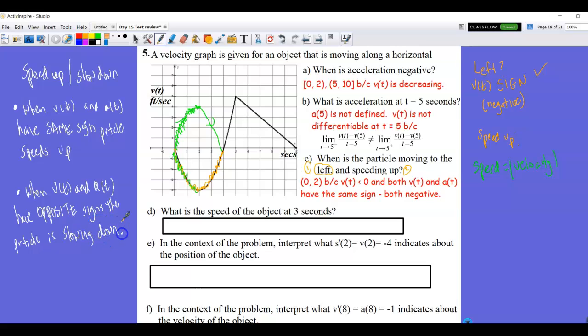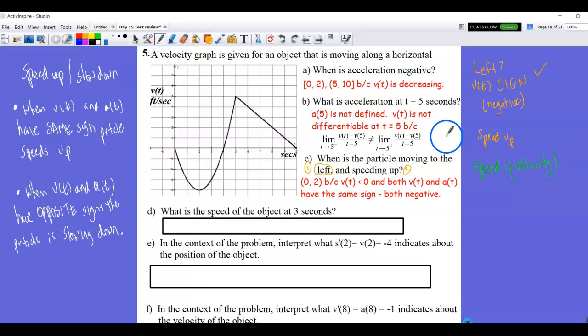And the nice thing about knowing these two statements is we don't have to create a speed graph, and perhaps there may be a situation where we don't even have the graph and could not create a speed graph. So let me erase this and just show you how this works.